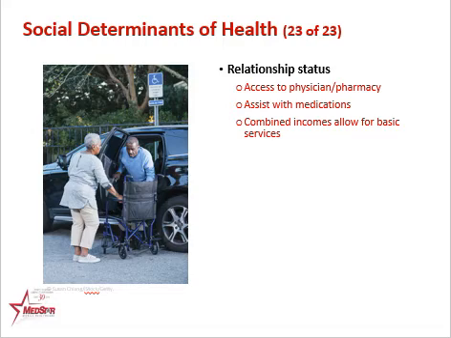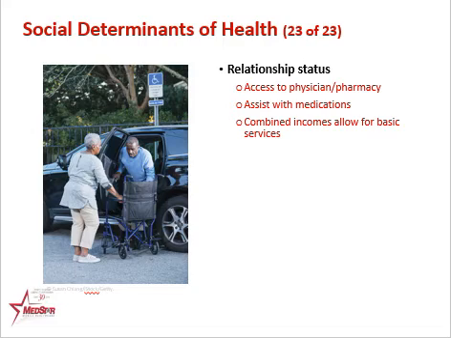Ideally, every person has someone on whom he or she can rely in times of need. Such relationships are very important to a person's health and overall well-being. A person may need someone to drive them to an appointment, to the pharmacy, to the grocery store, assist them with taking their medications, or care for them while they recover from a procedure.